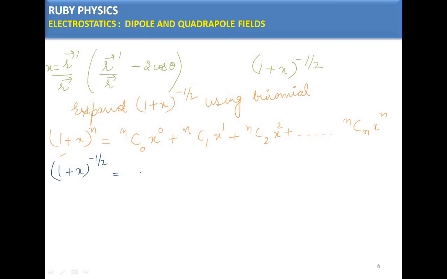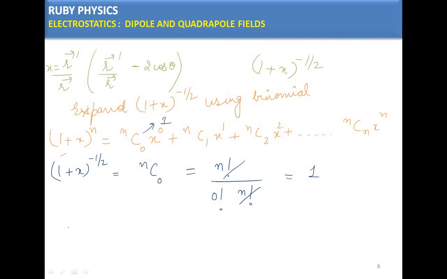First, let us see what NC0 will be. NC0 will be n factorial divided by 0 factorial, then n minus 0 is n factorial, so this cancels out, and 0 factorial is 1. So I have got my first term, and x to power 0 is 1, so the first term is 1 here.